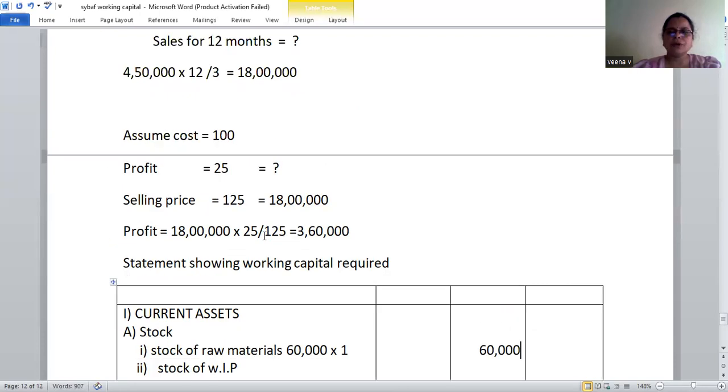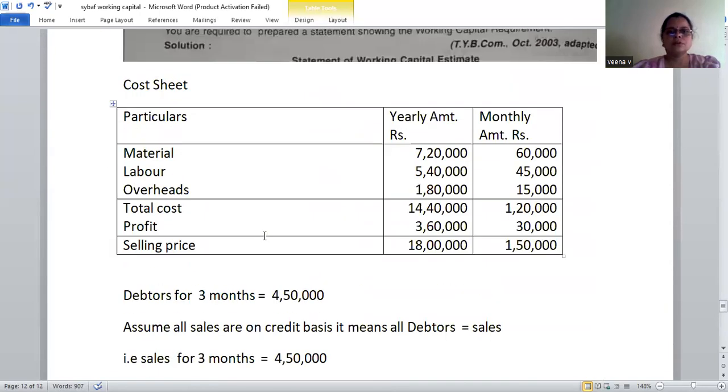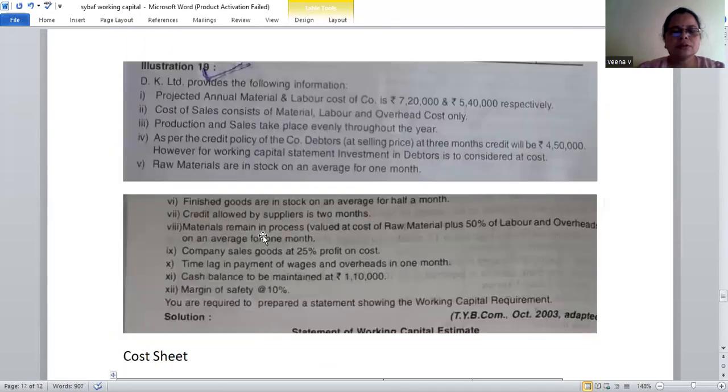Then for WIP, we have to see the work in progress, that is the processing time. What is the processing time? Cost of sales is given, projected is given.